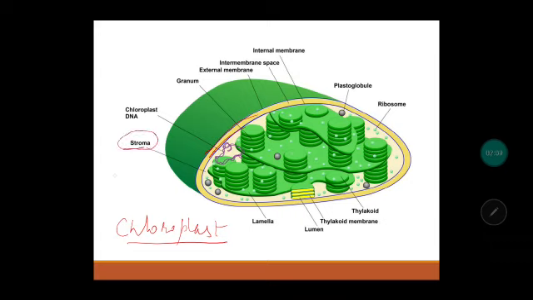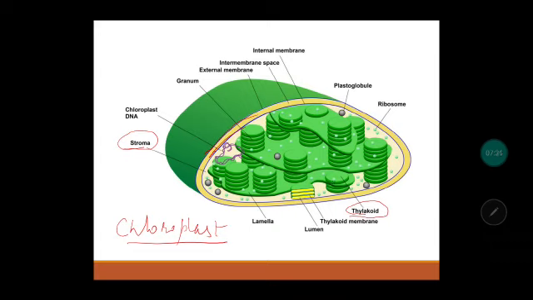stroma. Remember, in mitochondria this cytoplasm was called matrix, and in chloroplast this cytoplasm is called stroma. Just to differentiate the cytoplasm of different cell organelles, different names are given. Then there are these stack-like, coin-like structures, you can see. These are called thylakoid.